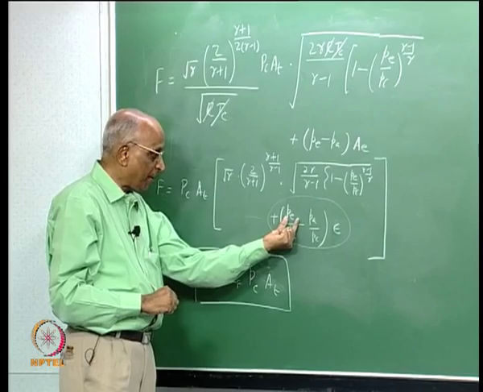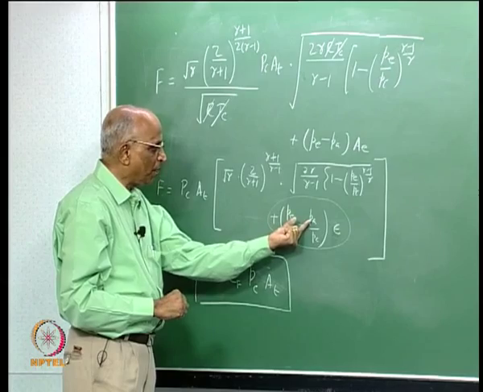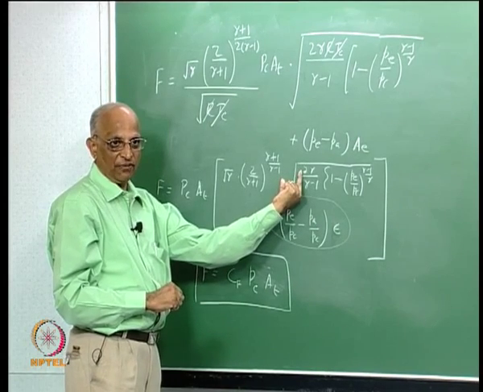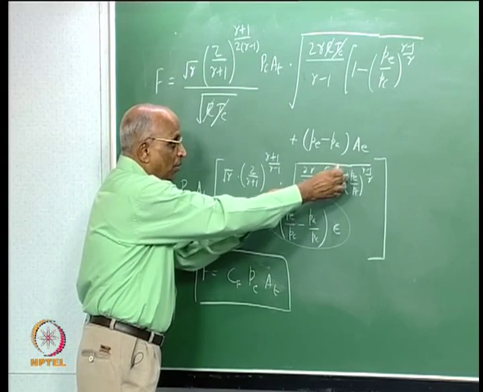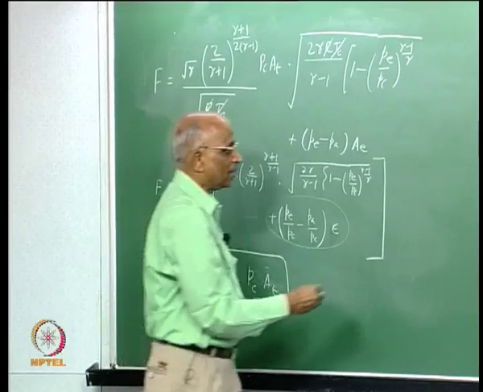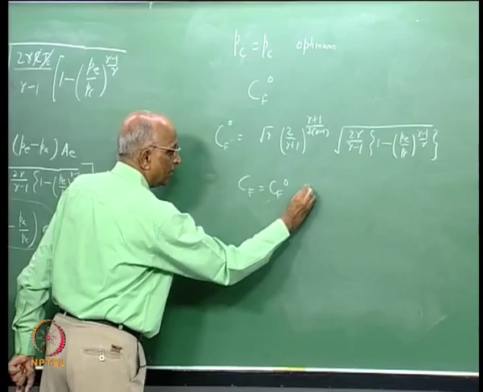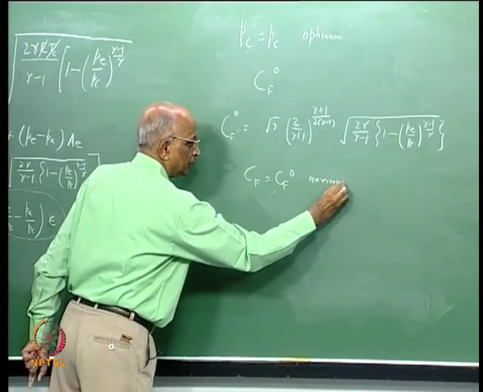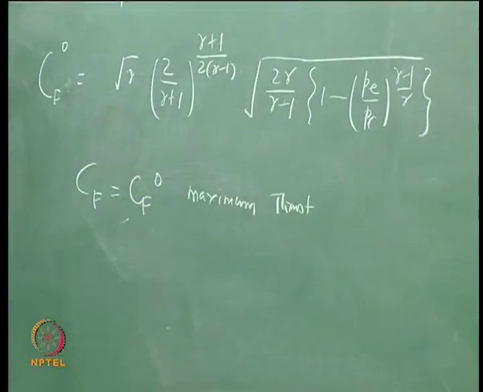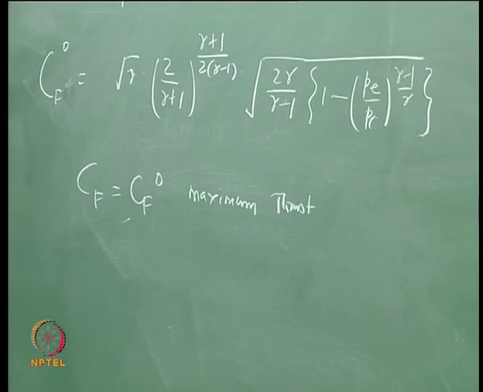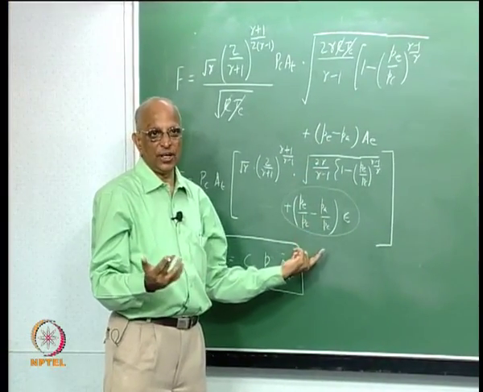If I have an under expanded nozzle, I have positive thrust, and in all cases when Pe is equal to Pa, I get the maximum thrust F, because in one case the contribution from this increases, but the contribution from this decreases, and only under the condition Cf equal to Cf0 do I get the maximum thrust. That means an adapted nozzle always gives me maximum thrust, otherwise because of under expansion I lose thrust, otherwise it is the other way around.